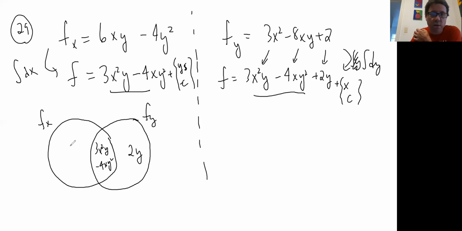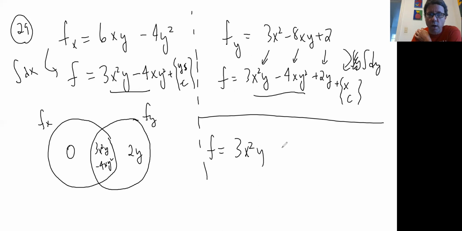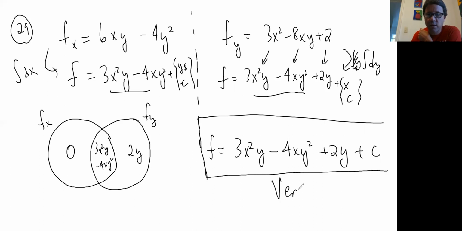So when you put them all together, the function will be 3x squared y minus 4xy squared plus 2y. Technically there's a plus c, but there's always going to be a plus constant like that. And that's it. And then you can verify.